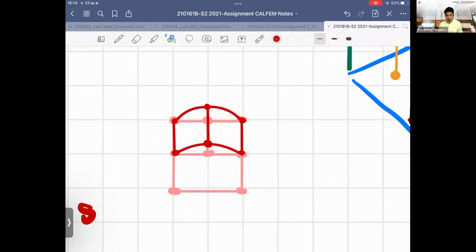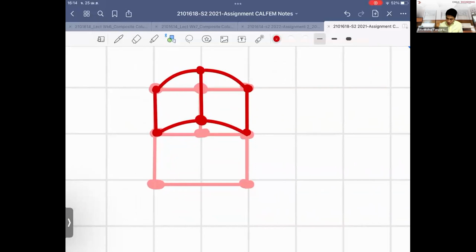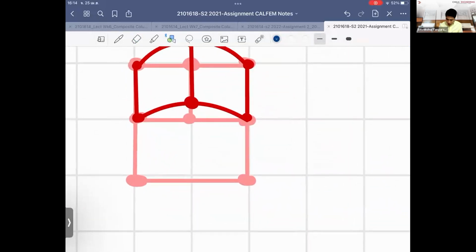But when the top element is deformed, you see that the bottom element only has the node over here, and we lack a node in the middle of the surface over there.